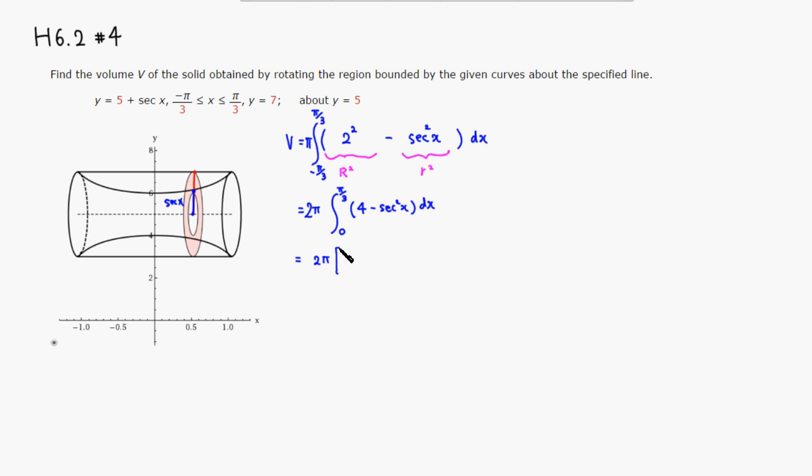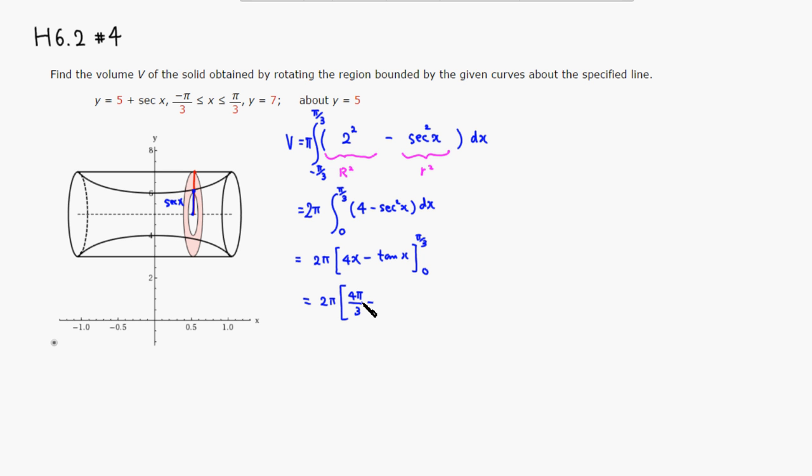Antiderivative of 4 is 4x. Antiderivative of secant squared is tangent. And you're going from 0 to pi over 3. So you have a 2 pi, and let's plug in pi over 3. You have 4 pi over 3 minus tangent of pi over 3.